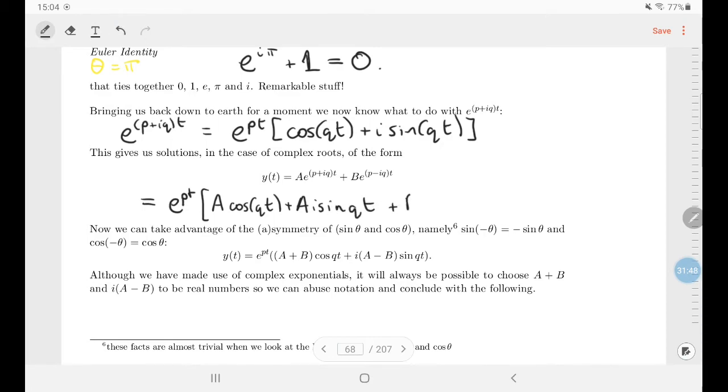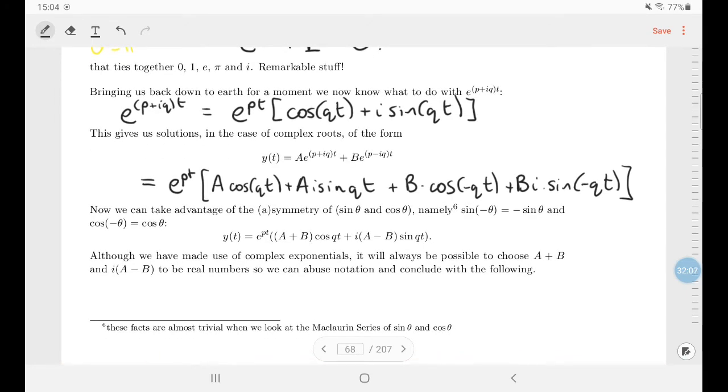Then the other one is b cos, and now you have a minus q: minus qt, plus b I sine minus qt. Right. So you can take some advantage of the symmetry and asymmetry of sine and cos to end up with this.